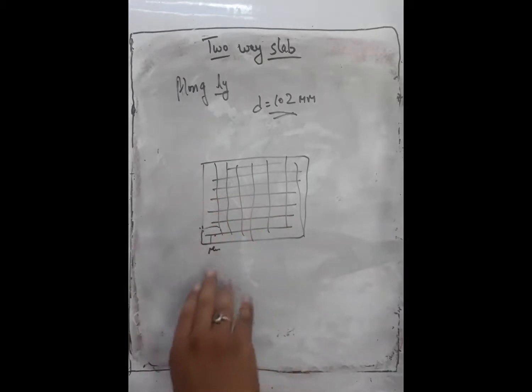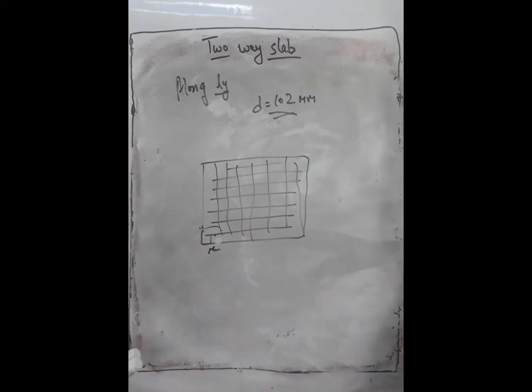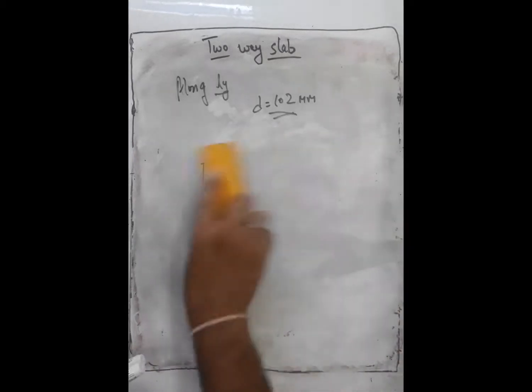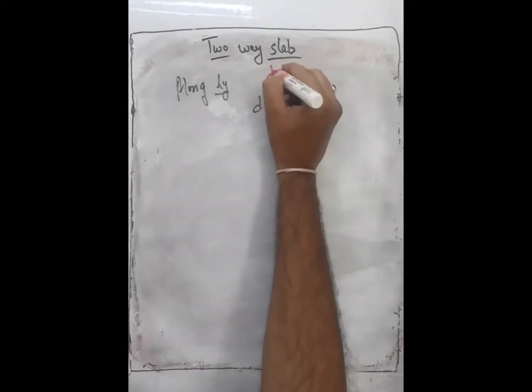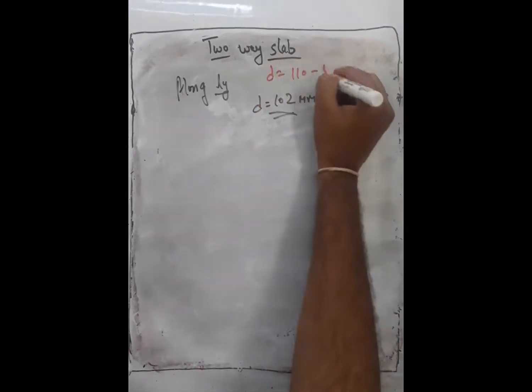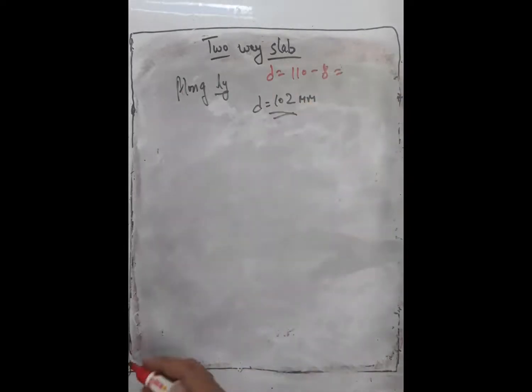So here we have to deduct the 8 mm dia for calculating the effective depth of Ly. That's why we calculate 110 minus 8, so here I get 102 mm as the effective depth along Ly.